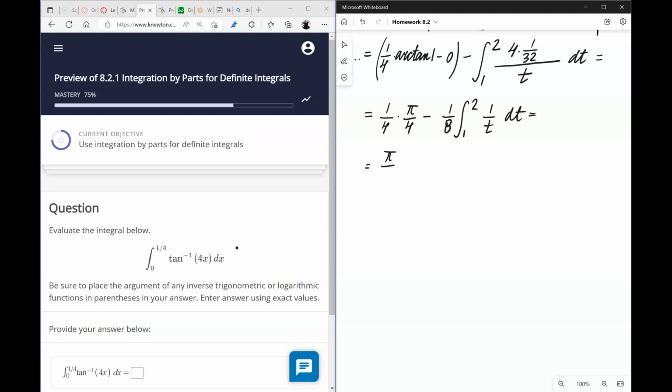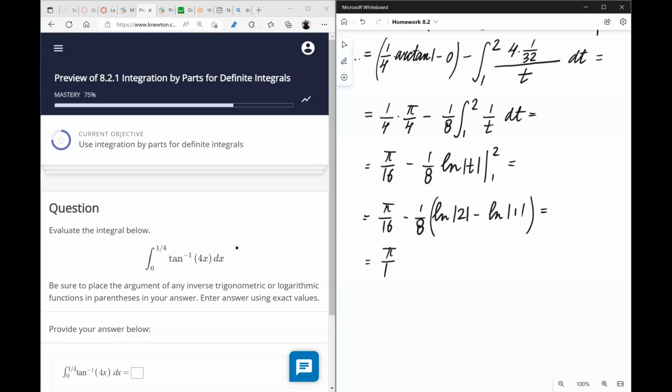Here we have now pi over 16 minus 1/8 ln of absolute value of t evaluated from 1 to 2. So we have ln of absolute value of 2 minus ln of absolute value of 1. ln of 1 is just 0, so the final answer is pi over 16 minus 1/8 ln of 2.